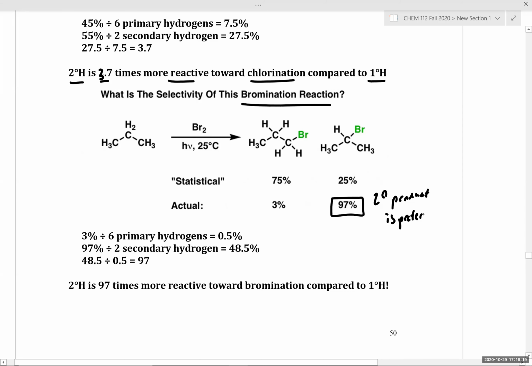Although these two reactions are going through very similar mechanisms on paper, it's important that we look at the reaction coordinate, because from the reaction coordinate, we can explain why radical bromination is so much more selective.